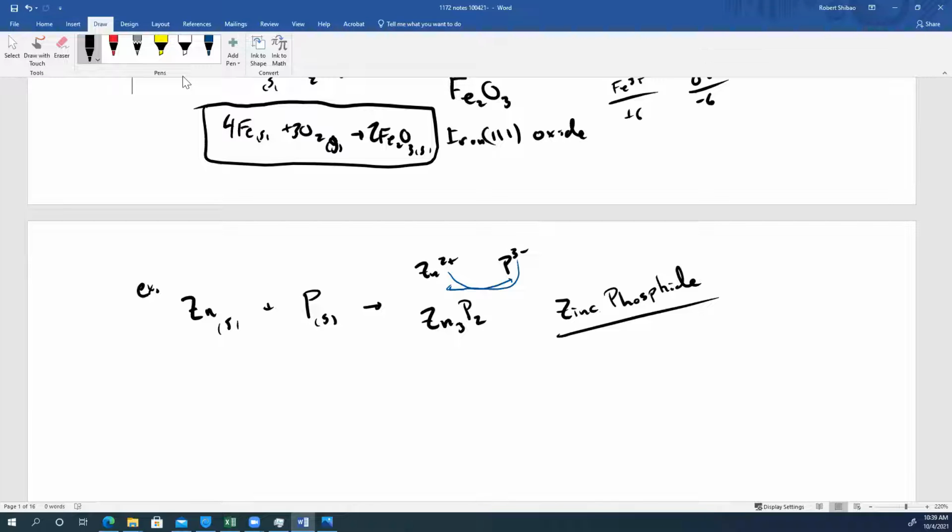All right, why don't you try this one? Try aluminum plus oxygen, and tell me what you get. Aluminum plus oxygen.